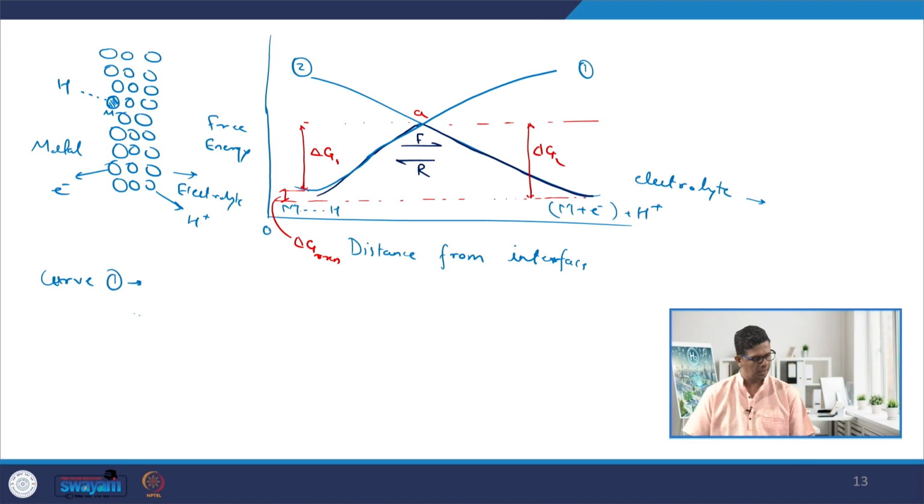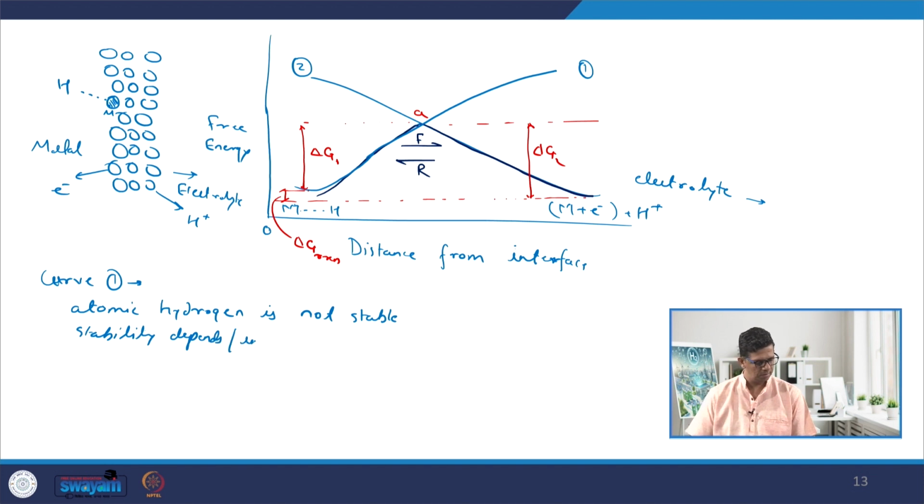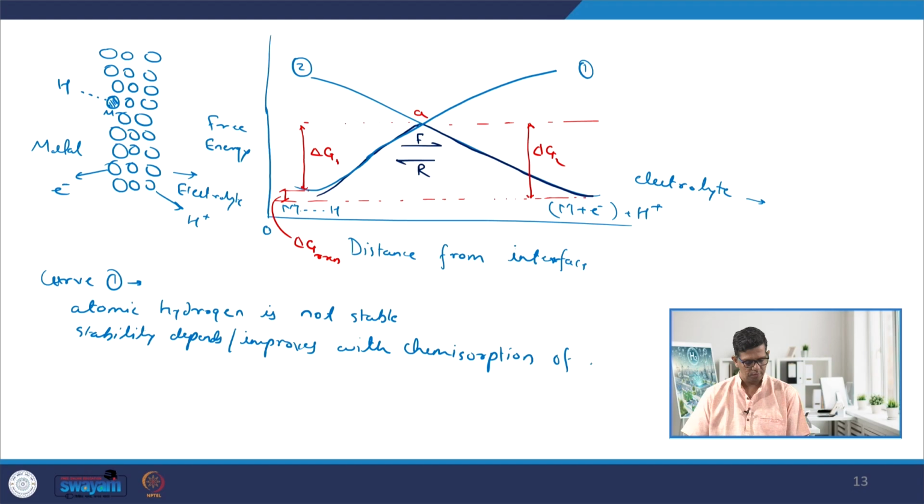In curve 1, atomic hydrogen is not very stable, and its stability improves with chemisorption of atomic hydrogen to the metal electrode surface.